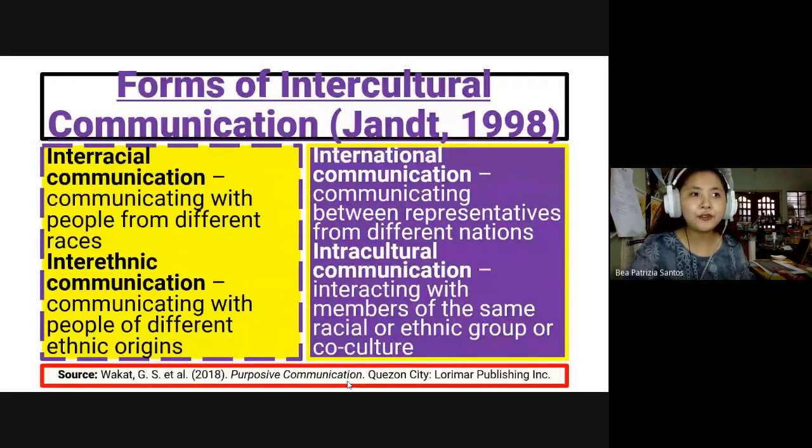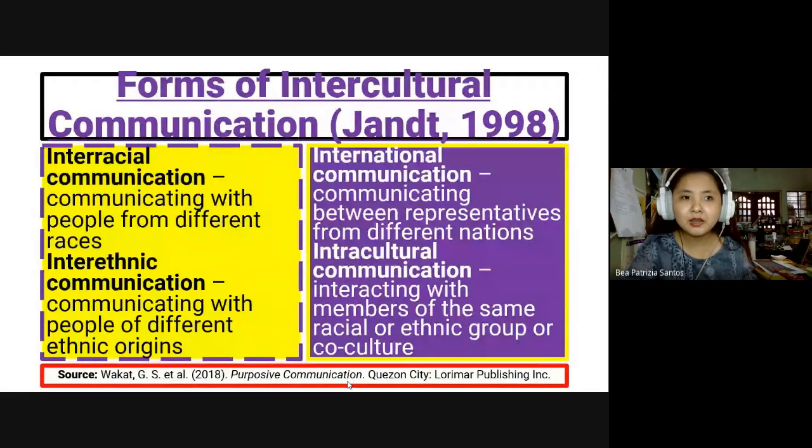We have four forms of intercultural communication. The first one is interracial communication, communicating with people from different races. Second, interethnic communication, communicating with people of different ethnic origins.